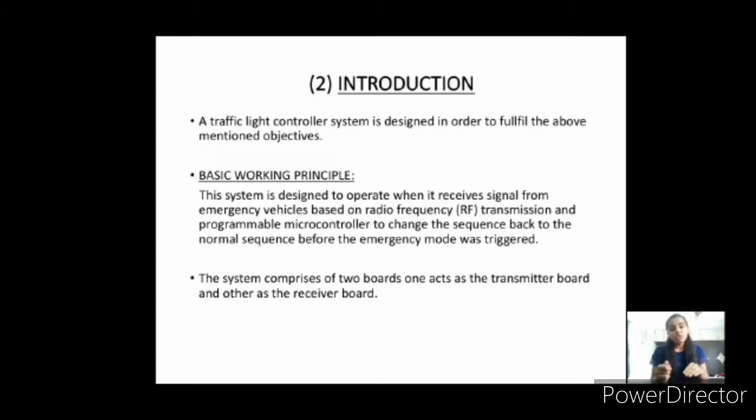The Arduino Mega 2560 microcontroller will change the sequence of lights, and the third lane LED will be green and the others will be red. It means the other lanes will have a red stop signal, and the lane from which the ambulance is coming will be green. So the ambulance can easily pass through that traffic junction without any congestion.